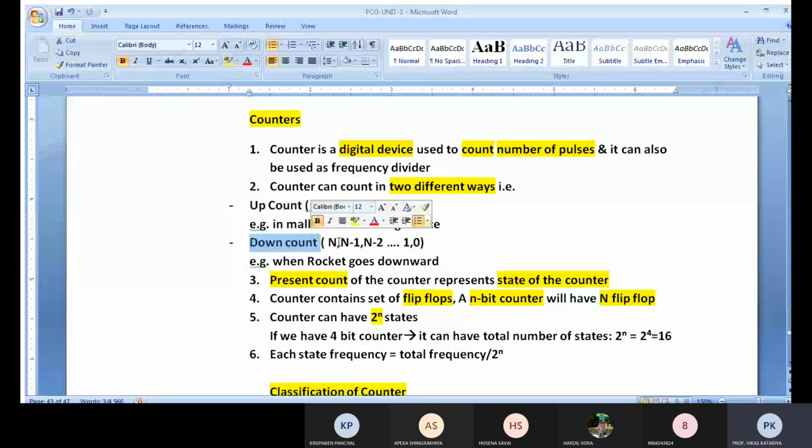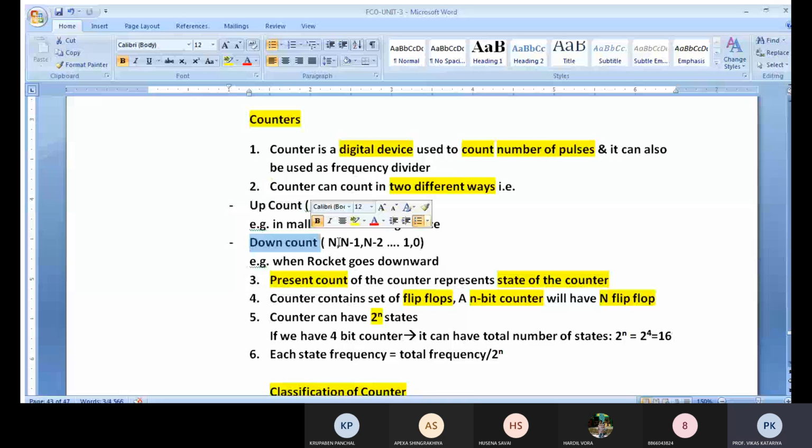The present count of the counter, the current value of the counter, is called the state of the counter.